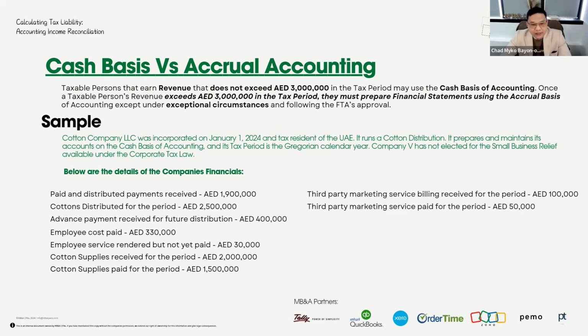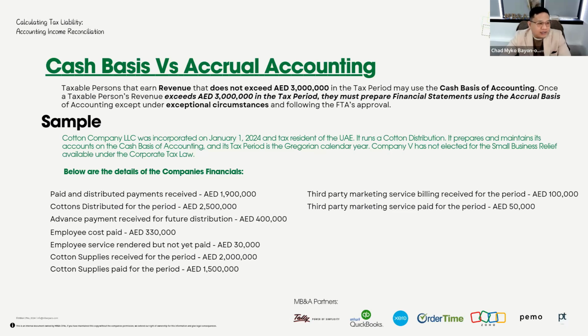So the way to do that is for you to apply for election of the cash basis accounting, and then to request the FTA's approval on your exceptional circumstances. Okay, so that's part of your actions to be taken if you're going to use cash basis accounting. Again, the answer for this one is true.